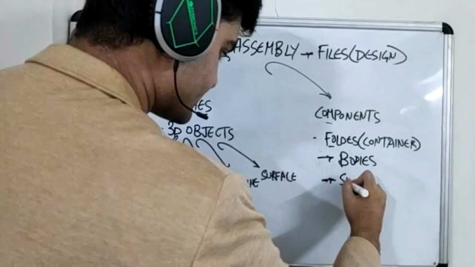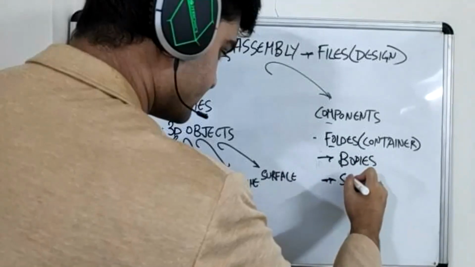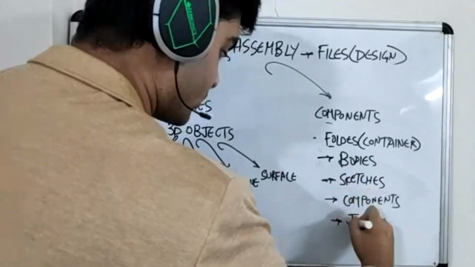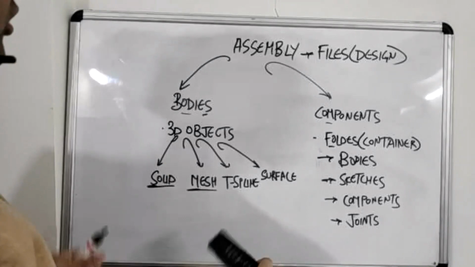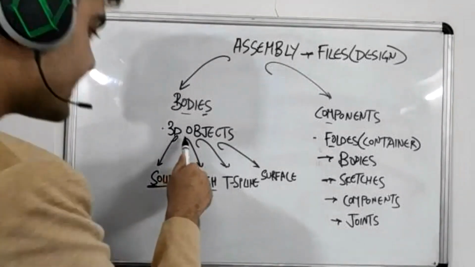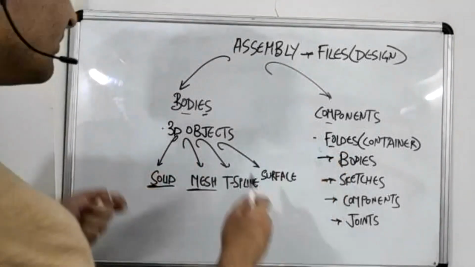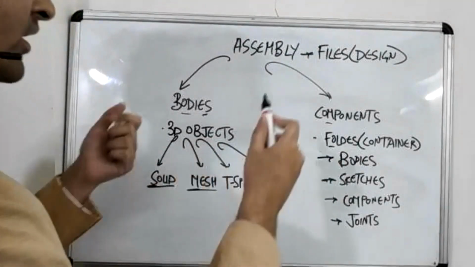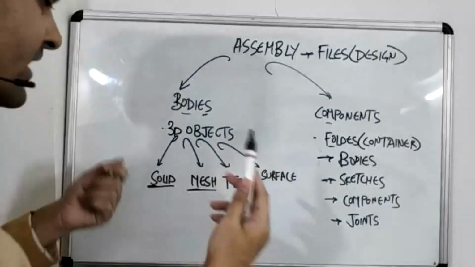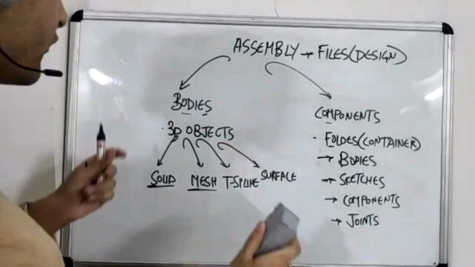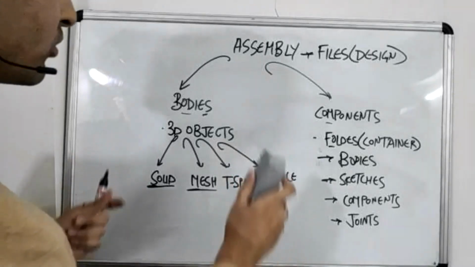Joints allow bodies to move relative to each other. So I hope the idea is somewhat clear, that bodies are more like files and components are more like folders. Bodies are 3D objects, components can contain bodies.